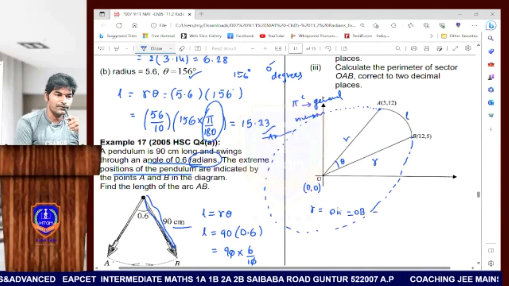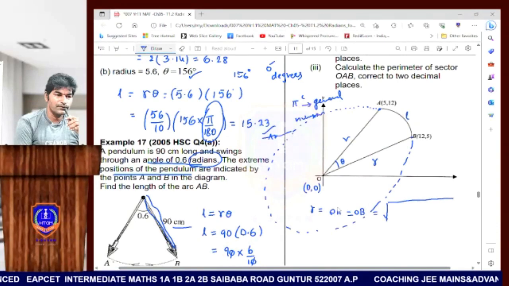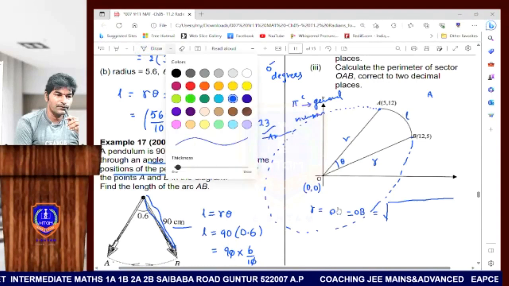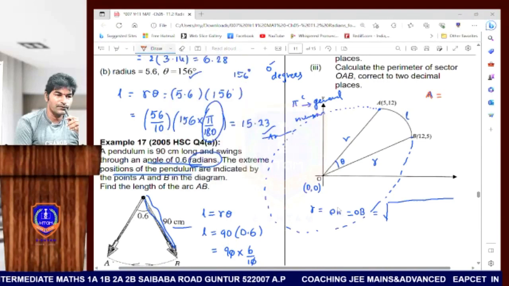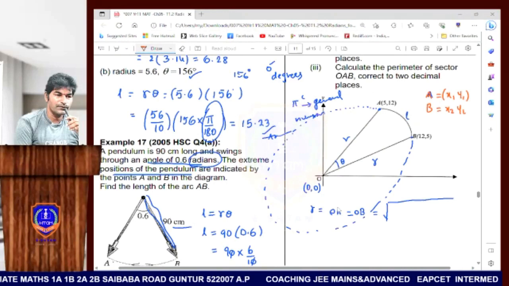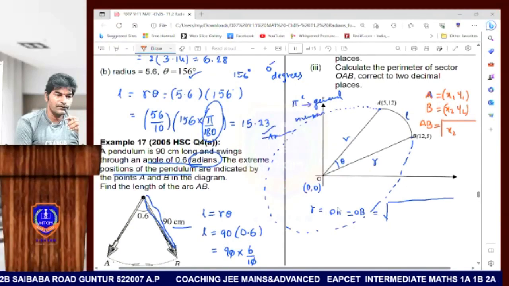Either OA or OB. It means the distance between 2 points. What is the formula for that? Suppose the point A is (x1, y1) and the other point is (x2, y2). The distance AB is equal to the root of the difference of x ordinates squared plus the difference of y ordinates squared.